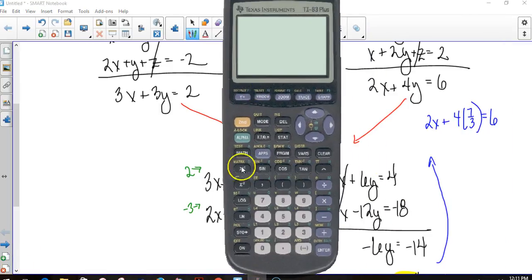Remember our friend the calculator that does a lot of this for us. I need to say 4 times 7/3. So 4 times 7/3 is that ugly number, 6 minus my last answer, so I'll say 6 minus 9.33333, repeating, enter, is that.